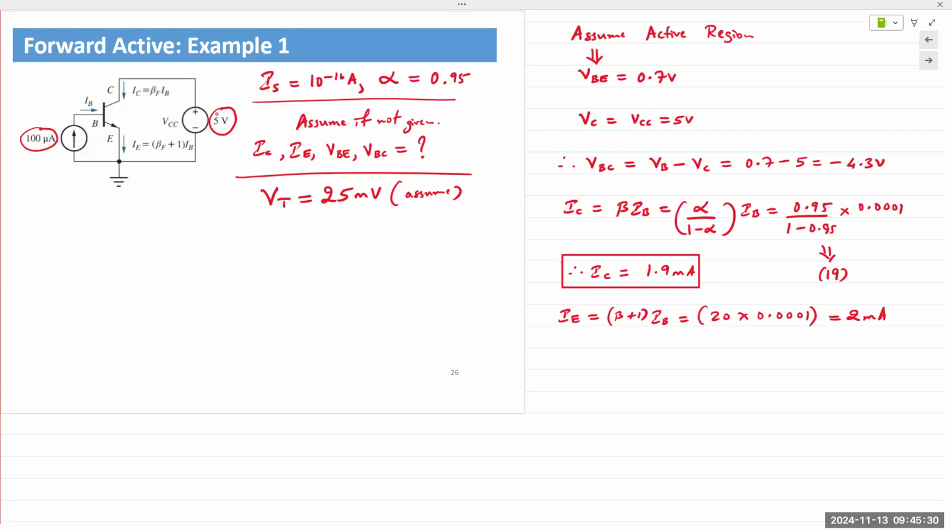And from there, lastly, we can find VBE and VBC. VBE was an assumption at the beginning, but now that we have the value for IC, we can actually calculate it by plugging it into the equation.